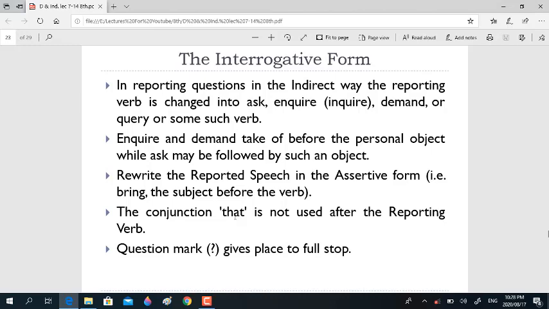But if you have sentences like why do you buy a car, since this kind of sentence begins with WH, there is no room for using this conjunction that.